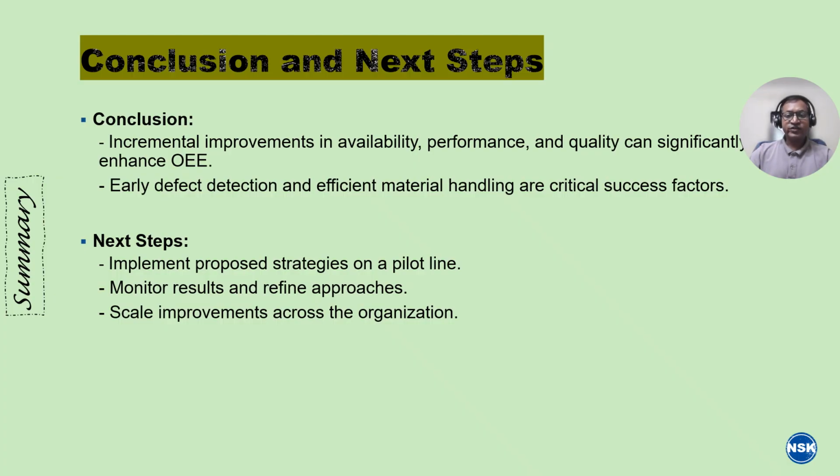Early defect detection and efficient material handling are critical success factors. OE improvement is a continuous ongoing process, and since the process bottleneck shifts from one station to another, when one process is debottlenecked, the next process becomes the bottleneck for productivity.